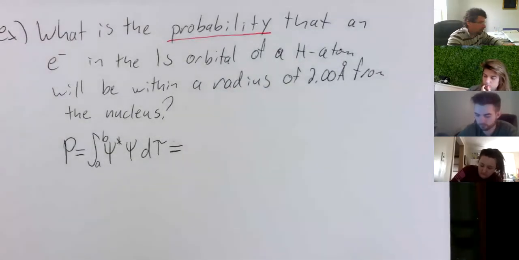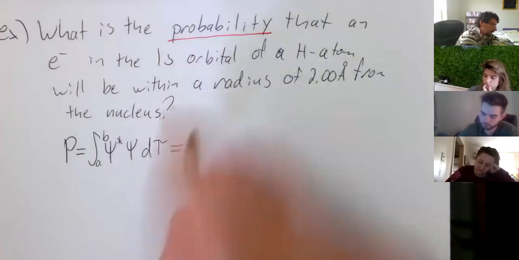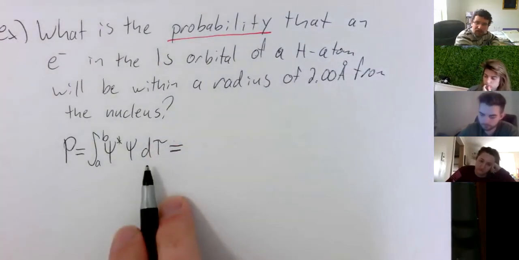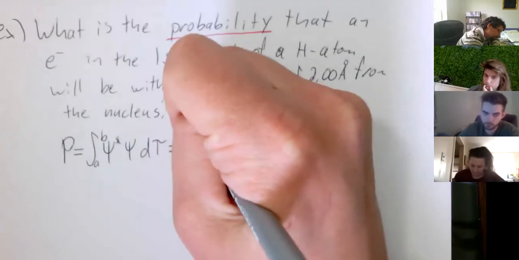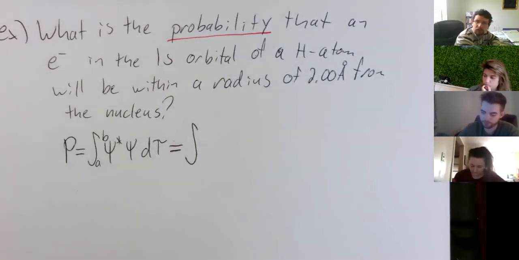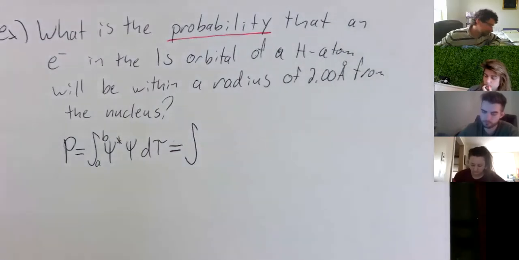So we have to know our function, which we do know. D tau, what are we going to integrate across? How many integrals will we need?